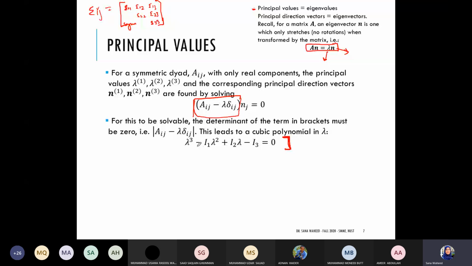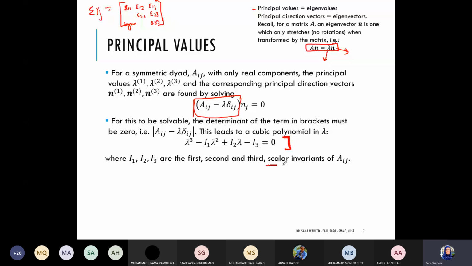Now, what is I1, I2, and I3? It turns out that these are also special properties of the tensor, or of the 3 by 3 matrix, and they have a special name: they are known as the scalar invariants of that matrix.